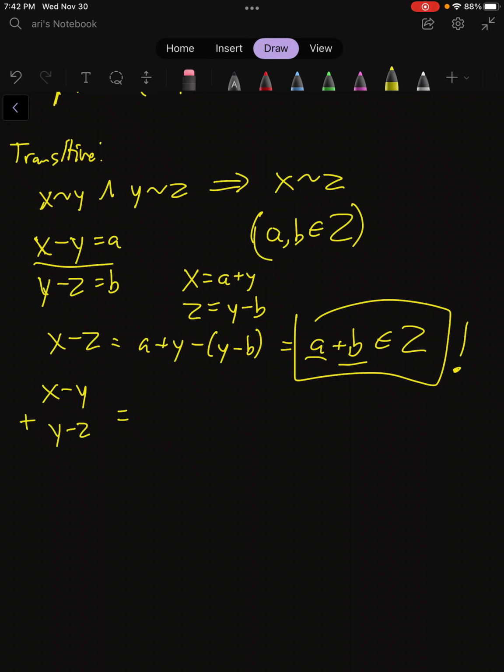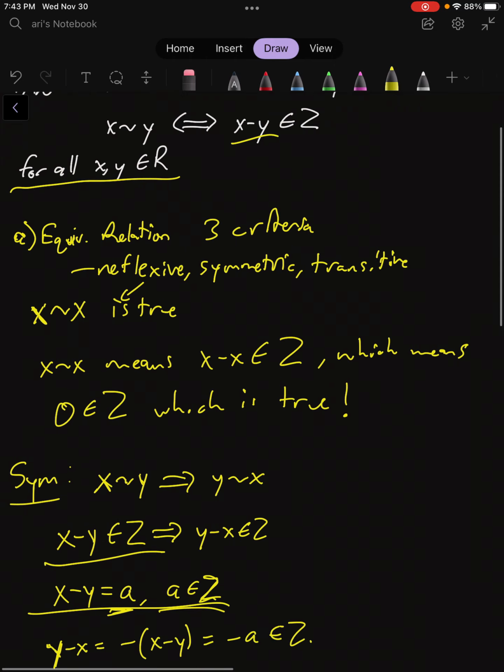So you could just add these two, and you end up with x minus z. So you could see that if that's an integer and that's an integer and you add them together, you end up with an integer that's also the same as x minus z. And yeah, that seems kind of redundant what I just did, but whatever. The point is, you could either solve for x and z, or you could recognize that by adding them, the y's cancel out.